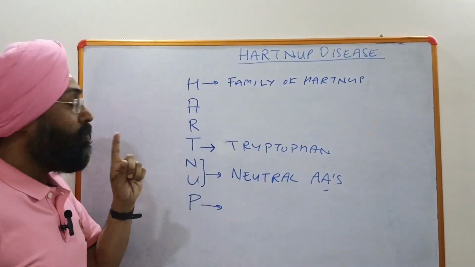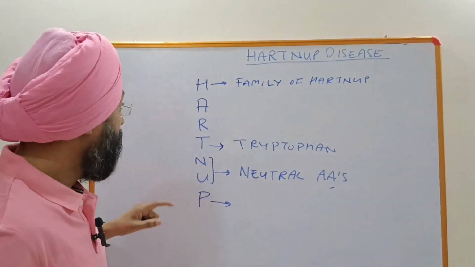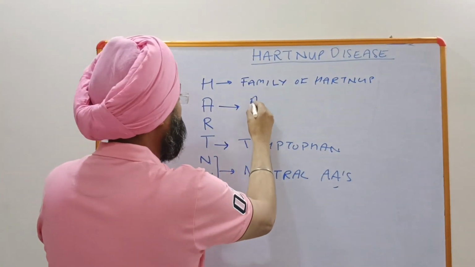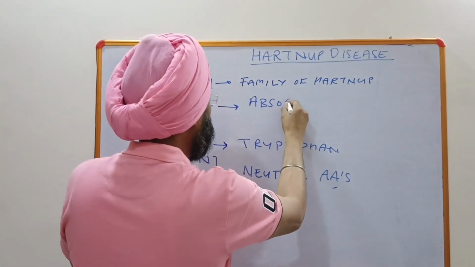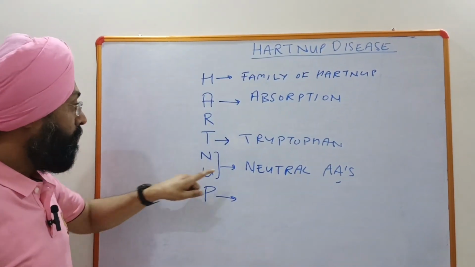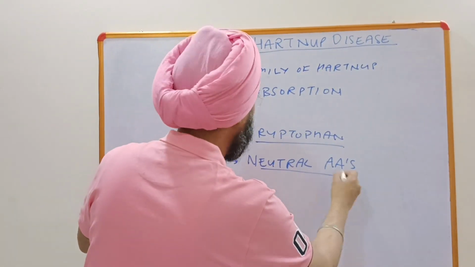So Hartnup disease was noticed in the family of Hartnup, and there is defect in absorption of A for absorption, absorption of tryptophan and neutral amino acids, right?